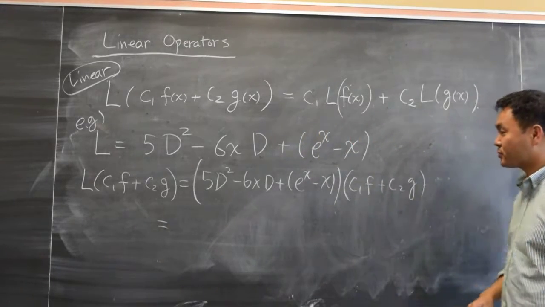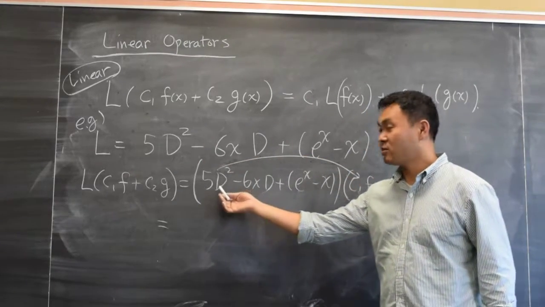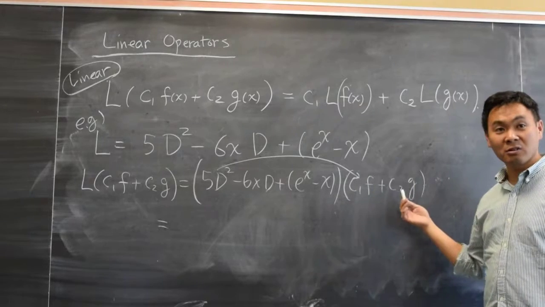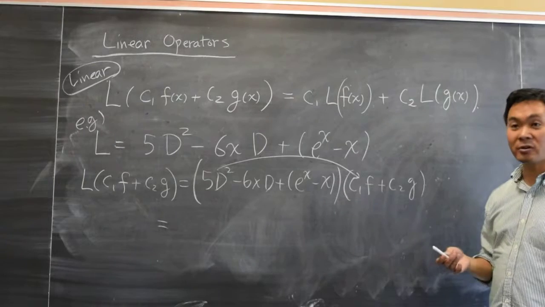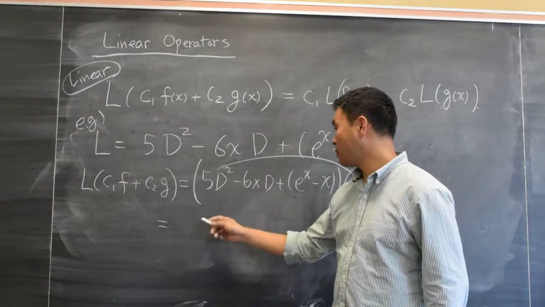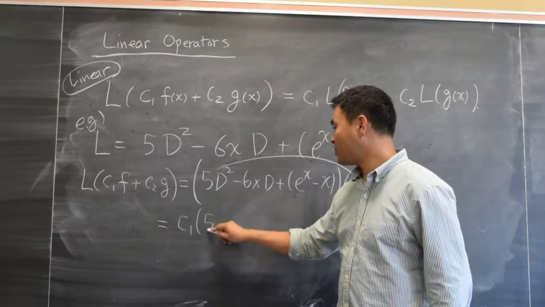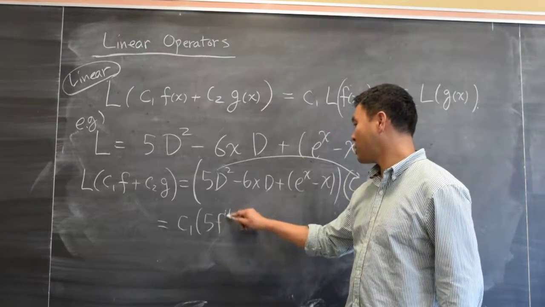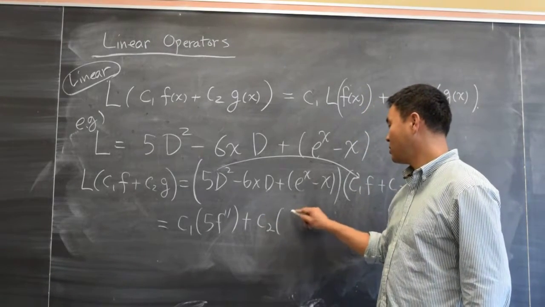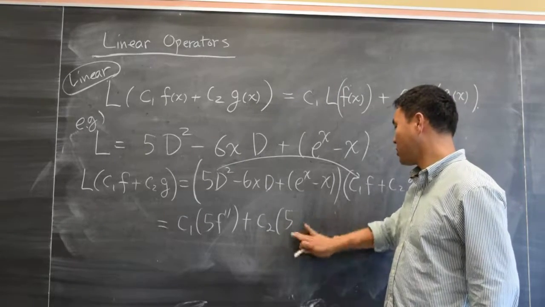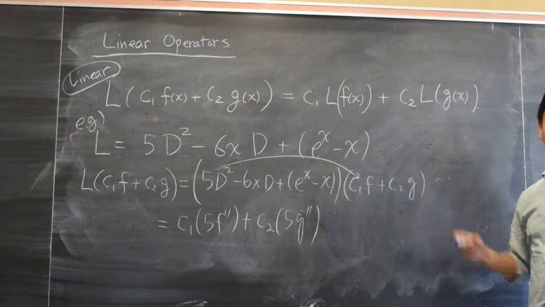When this hits this one, what happens? Second order differential operators are linear, so all the constants can be pulled out. I can differentiate these separately, so this is C1 times 5 times f double prime plus C2 times 5 times g double prime. This is what you get if you apply 5D squared to this one.